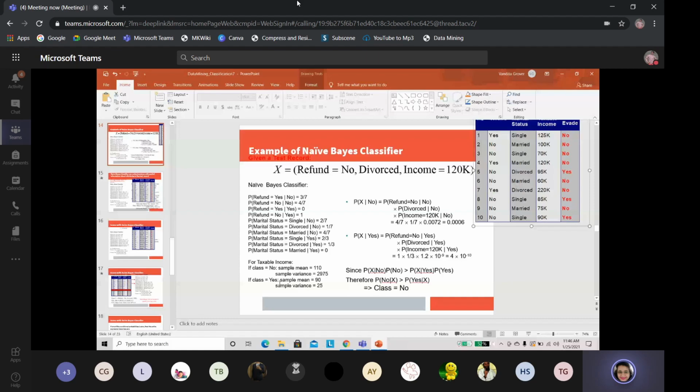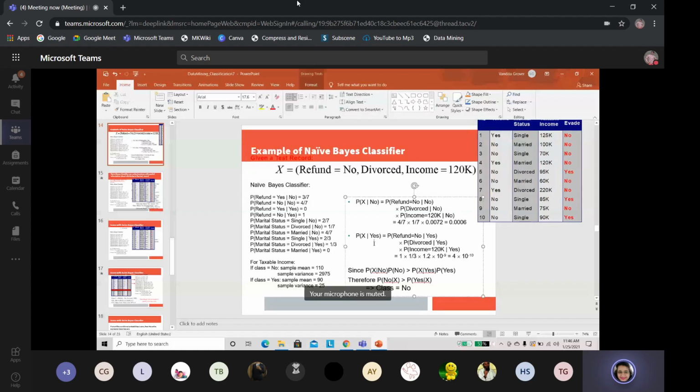So the probability of this combination being classified into class no is 0.0006, and the probability of this combination X given yes, being classified as yes, is specified as P refund is equal to no given yes, which is 1.